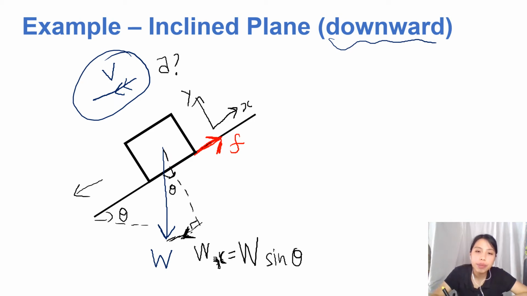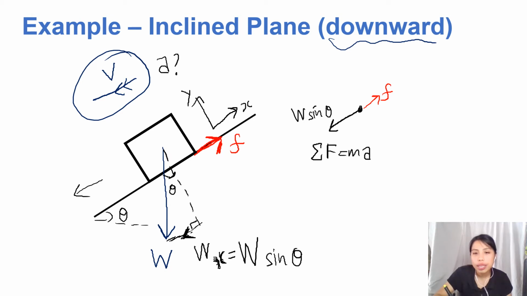Okay, so if I simplify the picture a bit, I will have this way, W sine theta, some force causing the block to slide down. And what's trying to stop it is a frictional force. Sorry, not W, just F. So what is the acceleration of the block? Think about Newton's second law. The acceleration can be found from the net force. So what's our net force?